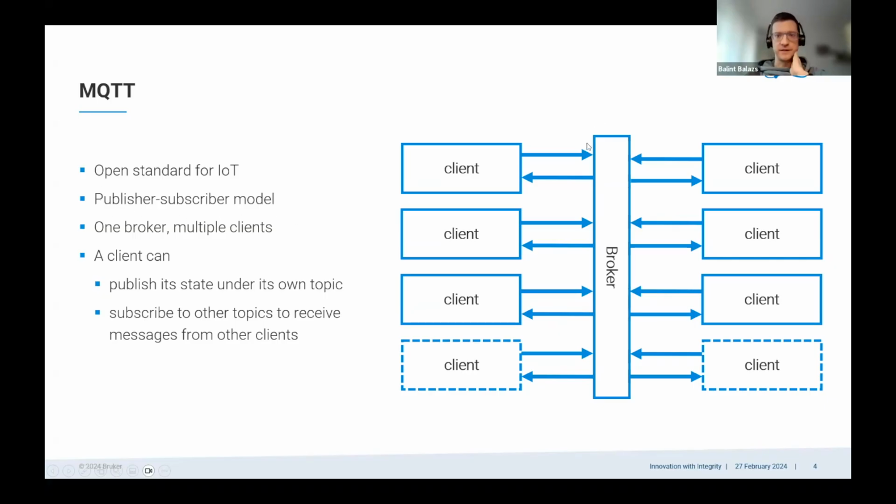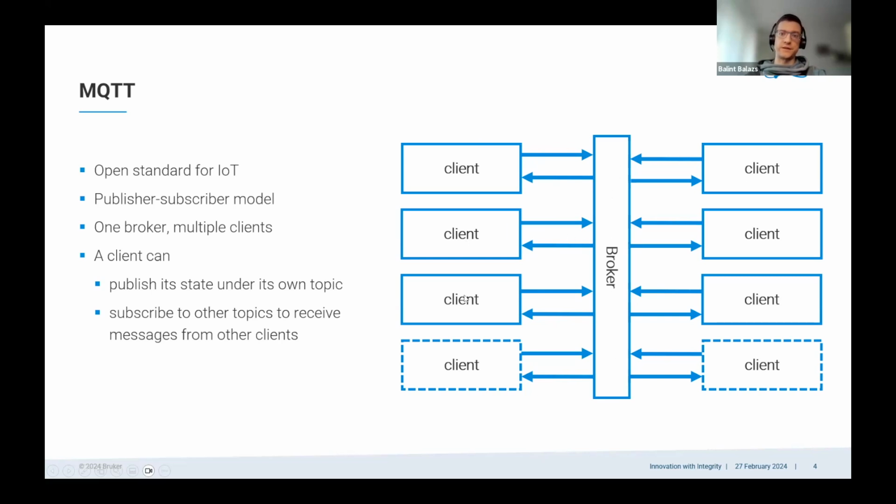Basically, there's one broker in the middle, kind of like a server, and multiple clients can connect to this broker. The clients can publish messages, typically their own state, under a certain topic. Each client will have its own topic, and under that topic, they will publish messages to the broker.